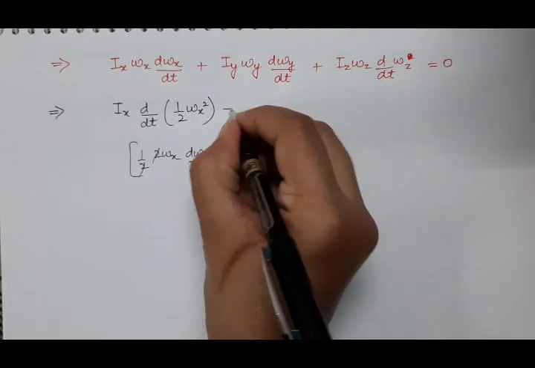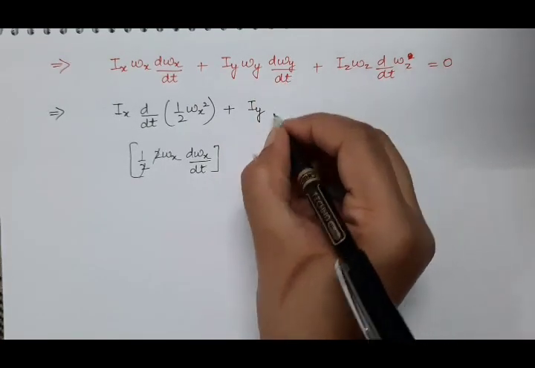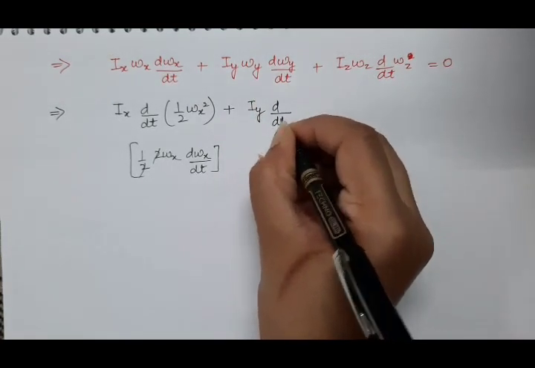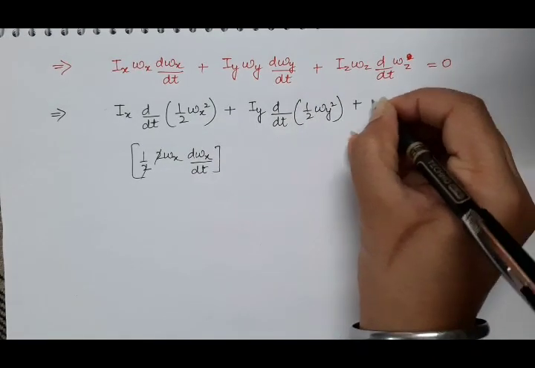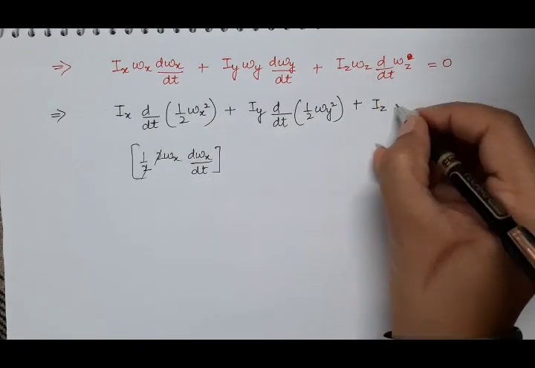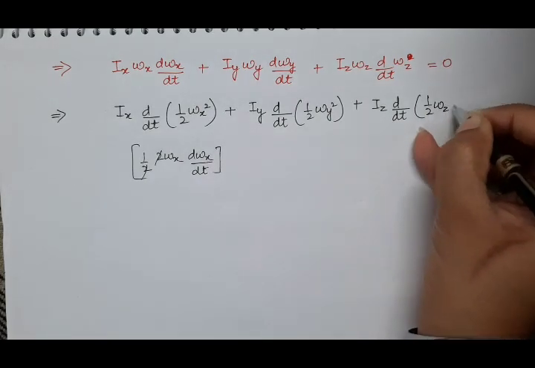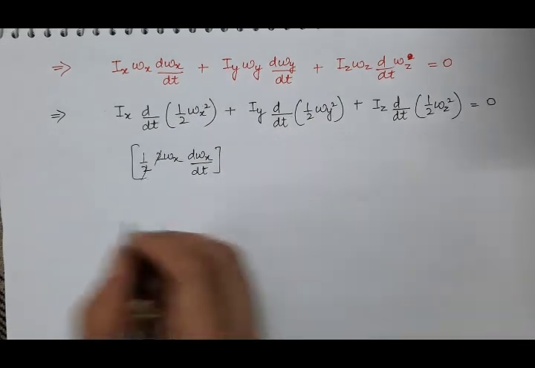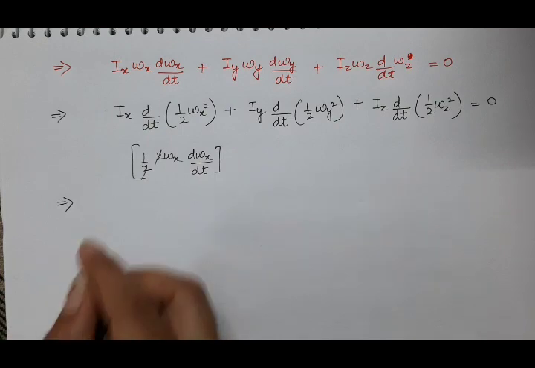Similarly, here we have Iy, and this omega y into d omega y by dt can be written as d by dt of half omega y square, plus Iz. Similarly, this can be written as d by dt of half omega z square. It is equal to 0. And here you can see this d by dt is common.